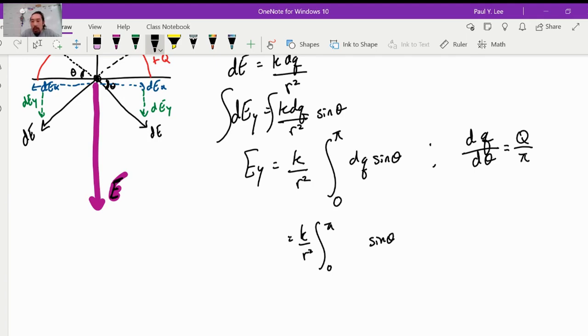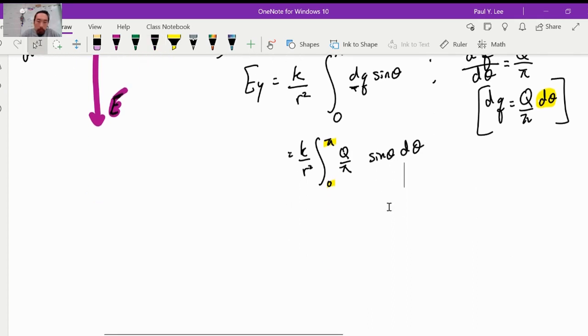And so if we rearrange this, we get dq is equal to the total charge q over pi times d theta. And now here, our calculus brains are firing because we know that our bounds are in terms of theta, and here we have d theta. So I'm going to substitute what we just found into our dq there. So we get q over pi sine theta d theta.